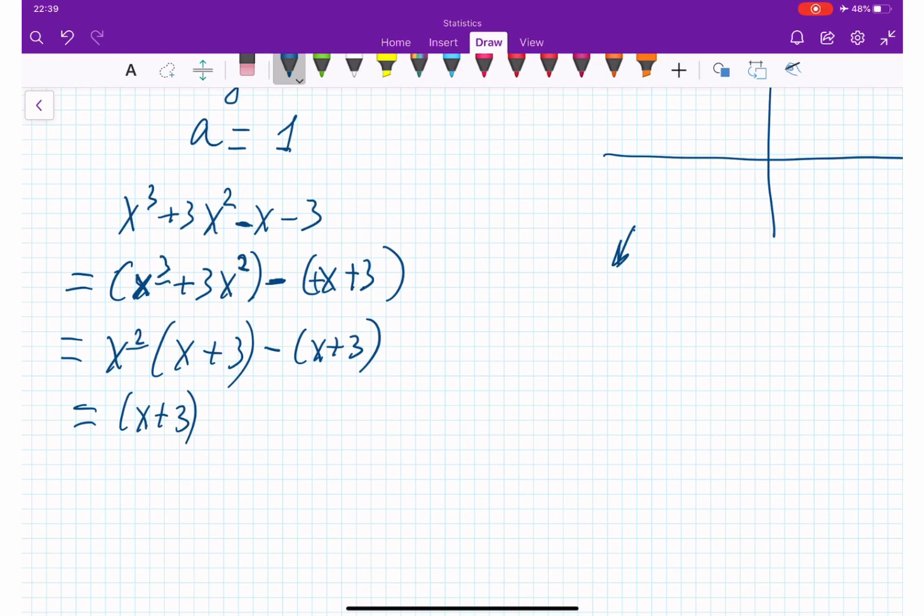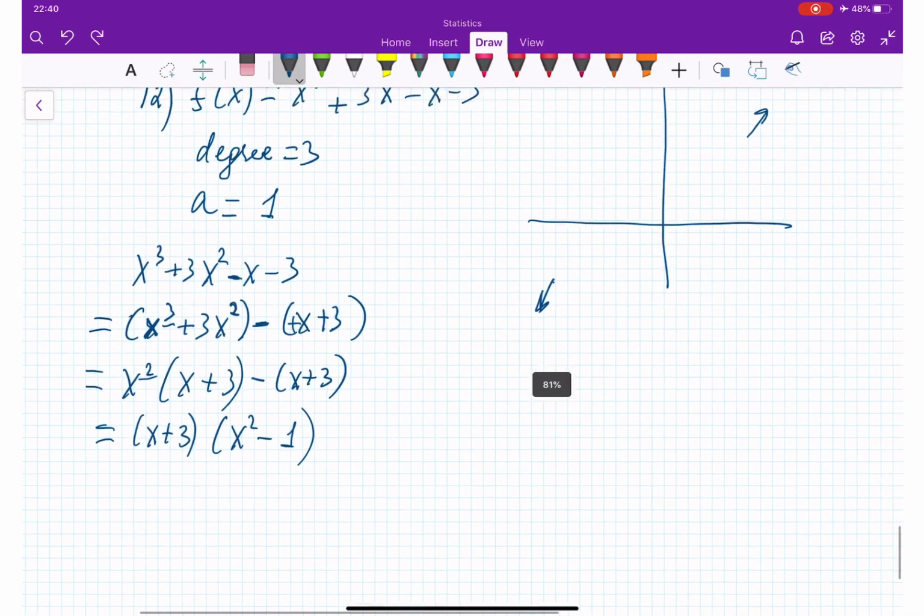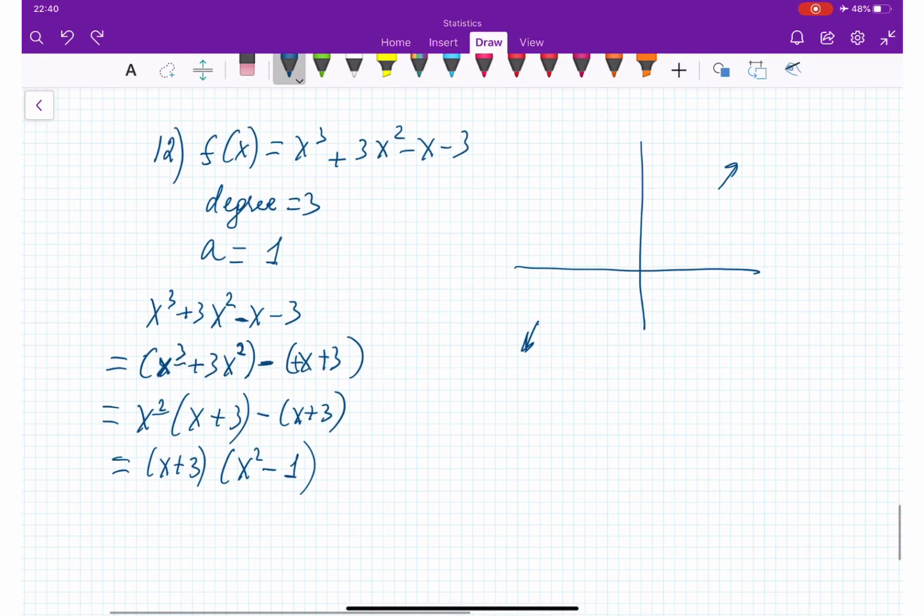So from the first one, I will have left only x squared. From the second one, I will have left only 1. Minus, because here I have minus. Okay, I brought it to the level already. So what does that mean? Let me move this graph down.